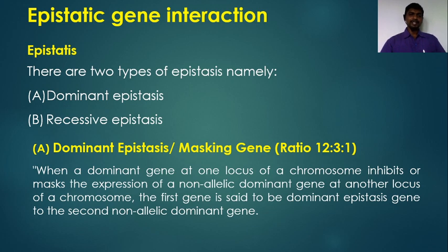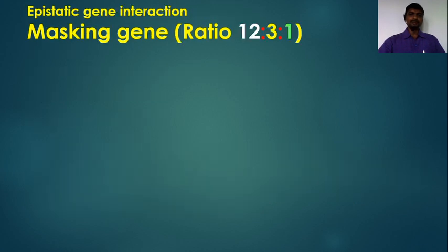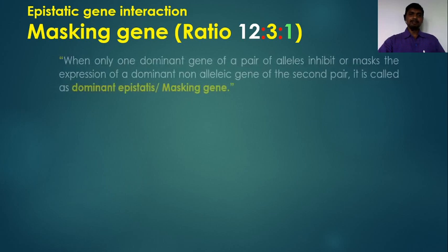Such type of epistasis is dominant epistasis, which can be explained with the help of masking genes. The masking genes show a dihybrid ratio of 12:3:1. Now we are going to study the example of dominant epistasis, that is the masking gene.